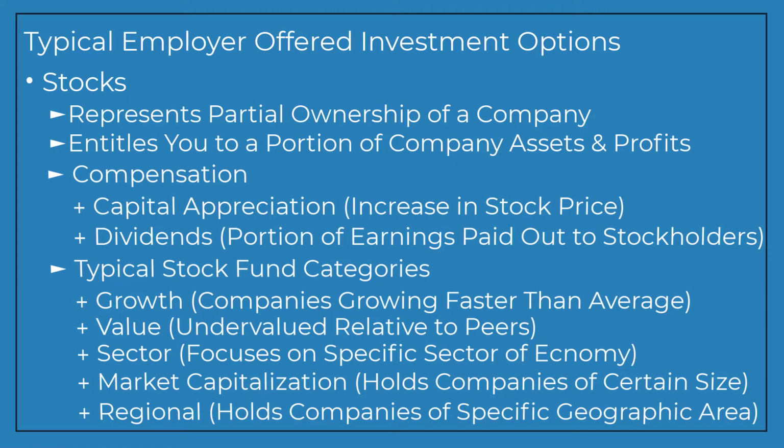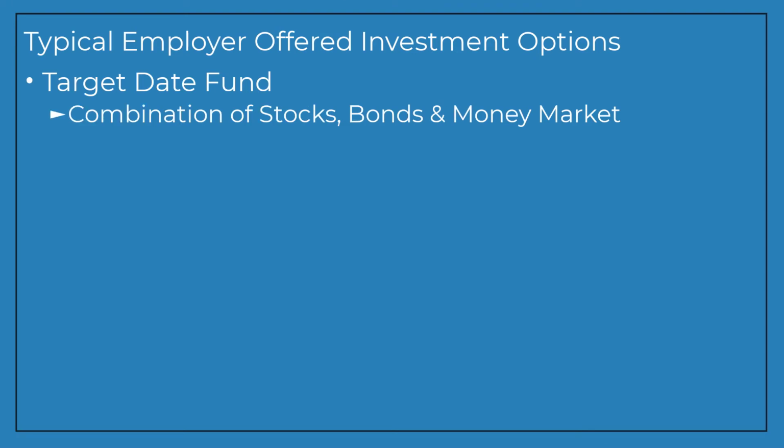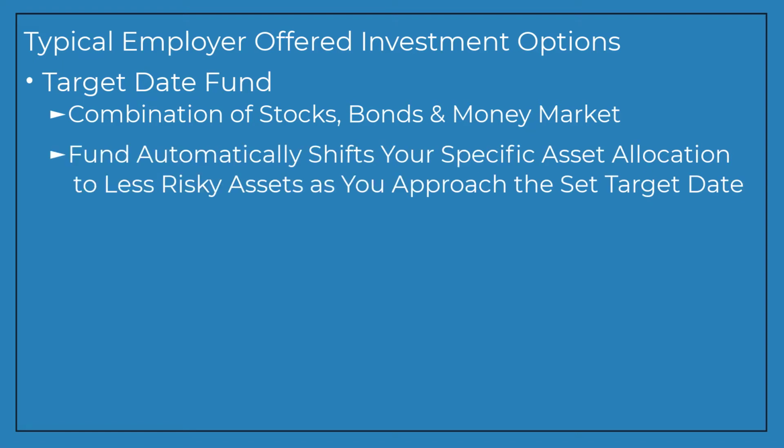And then the last fund I want to mention is called a target date fund. A target date fund is actually a combination, and it can have stocks, bonds, and money market. What a target date fund does is, based on a target date you set, and this is typically a retirement date, it will automatically shift your portfolio allocation between cash, money market, bonds, stocks, etc. to generate the maximum return with the appropriate level of risk as you age.